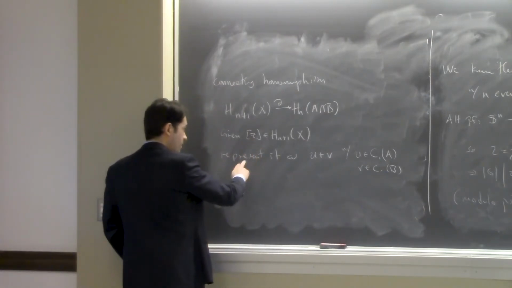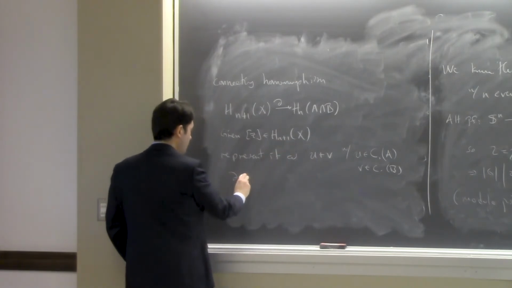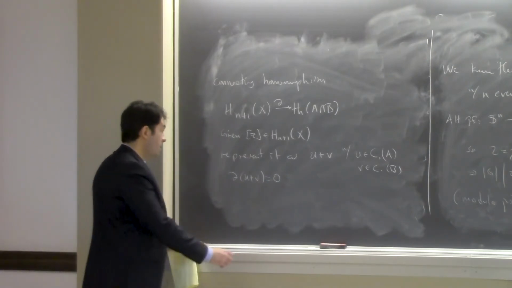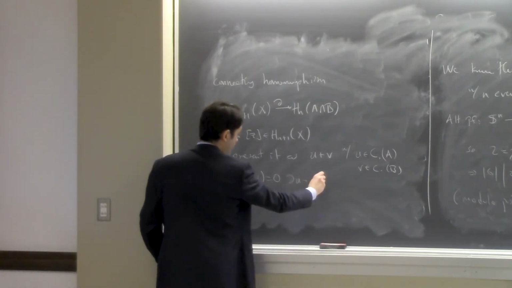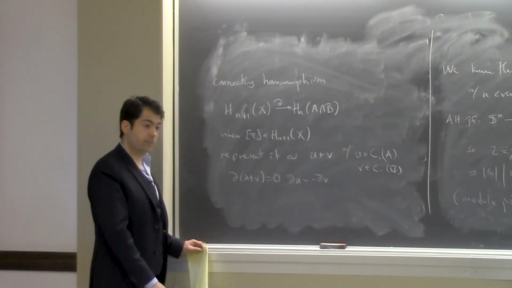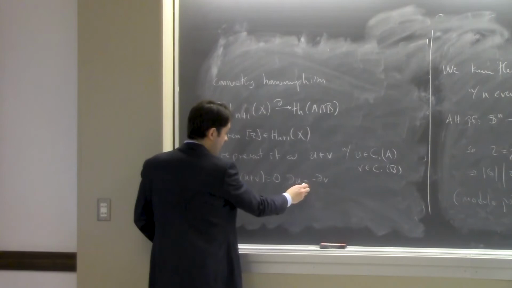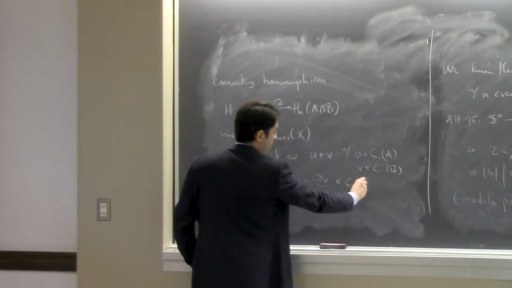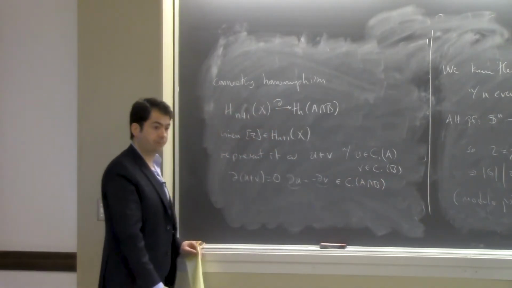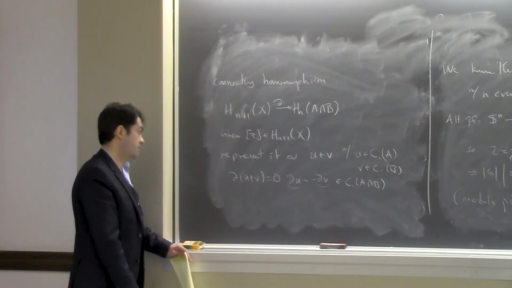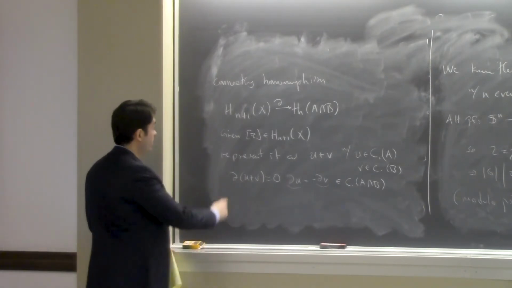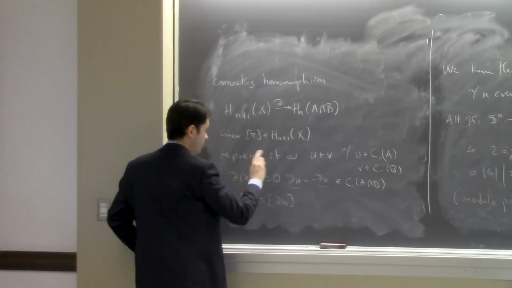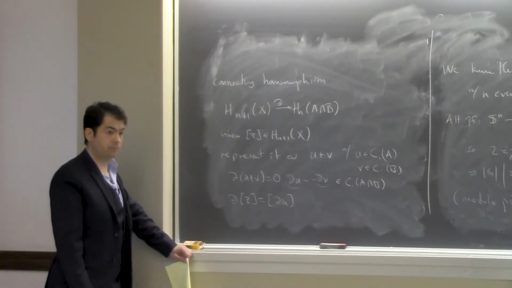And since it is representing a homology class, we know that d of u plus v is 0. Right? But again, this tells us that d of u is equal to minus d of v. And since this is a chain in A and this is a chain in B, both of these are chains in A intersect B. So the boundary map, the connecting homomorphism, is just take the class of this boundary.